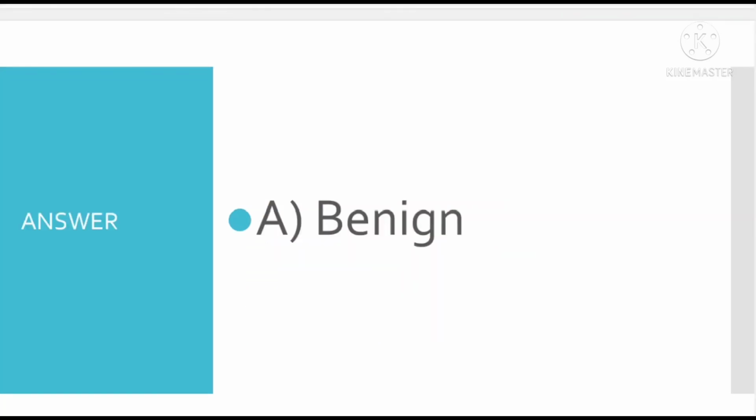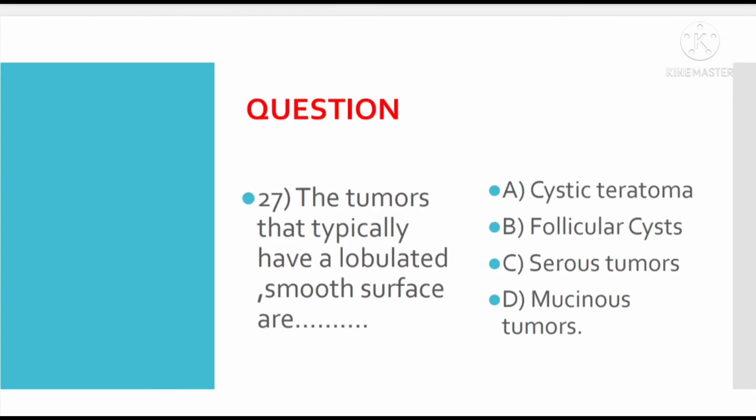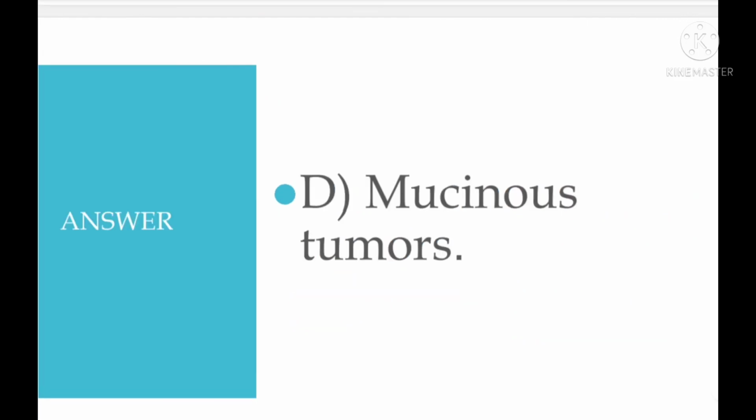Next question, question number 27. The tumors that typically have a lobulated smooth surface are: option A cystic teratoma, option B follicular cyst, option C serous tumors, and option D mucinous tumors. Here the correct answer: option D, mucinous tumors.